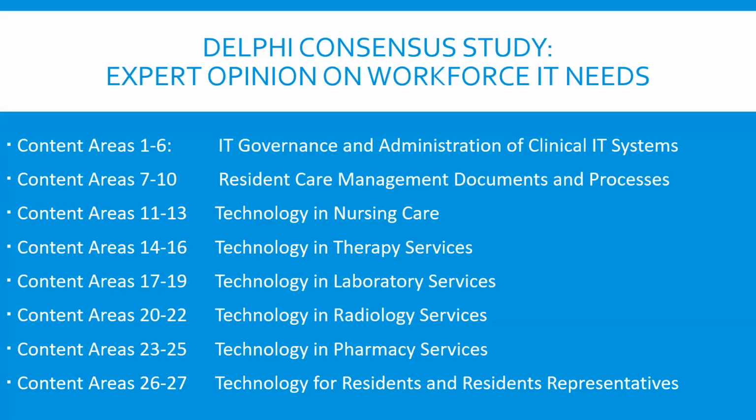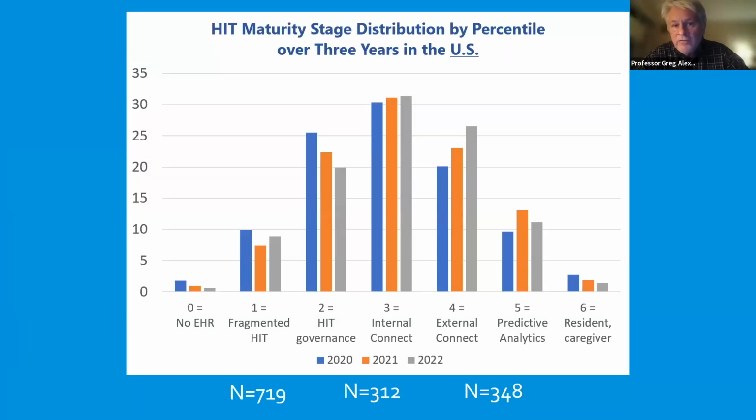So that stage 3 and stage 4 are very important demarcation. Stage 5 is where they have clinical predictive analytics, and stage 6 is for residents and resident care management to be able to use the data. So this is the slide on the distribution of the different stages that I was just talking about.